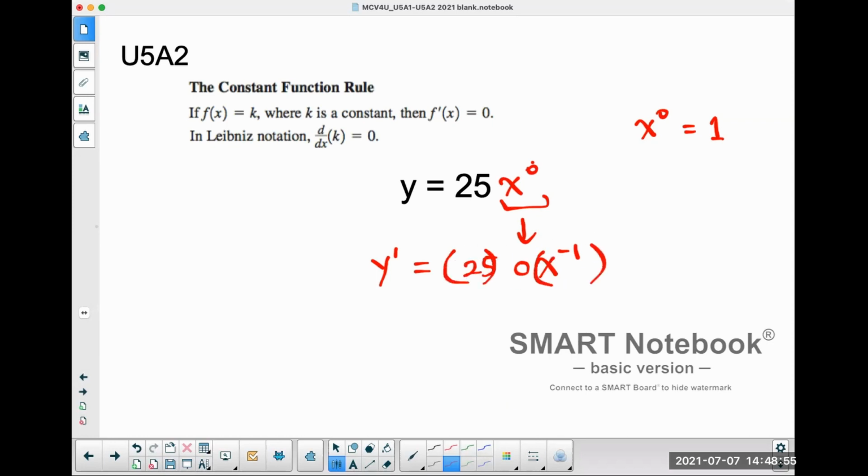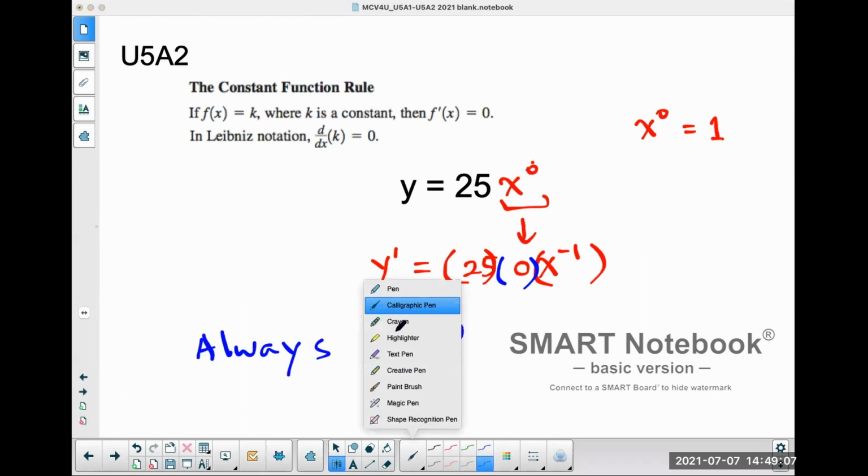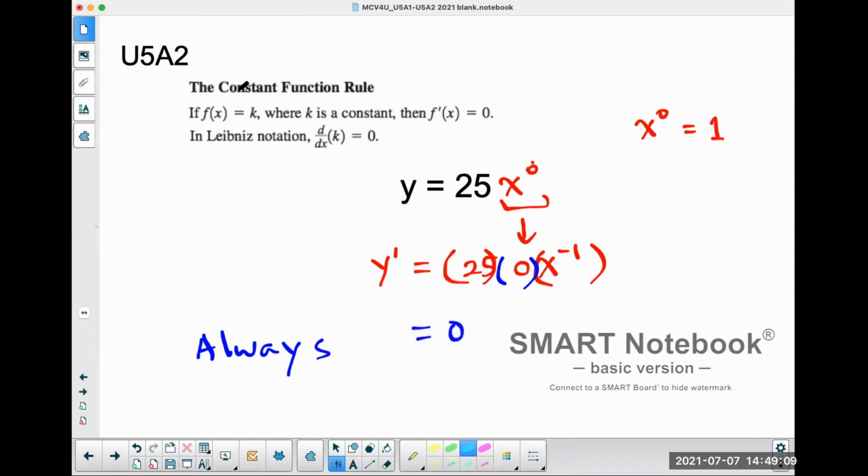Anything multiplied by 0 is always equal to 0. So we have a rule called the constant function rule. Anytime you have a constant function in the format of f of x equals a number, any numerical value, the derivative, or the slope of tangent, is equal to 0.